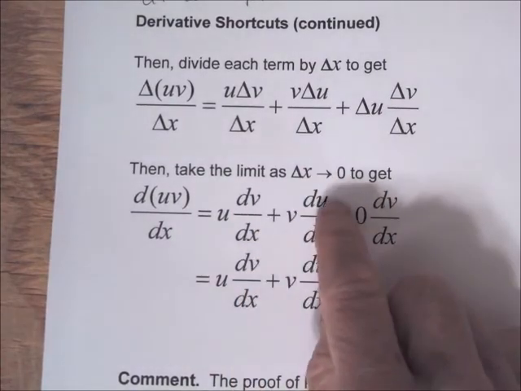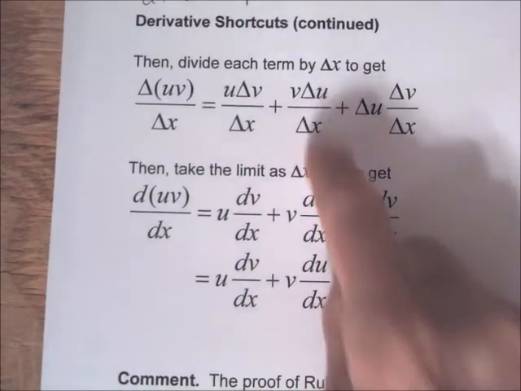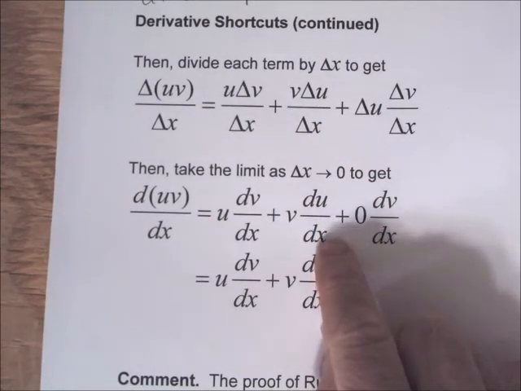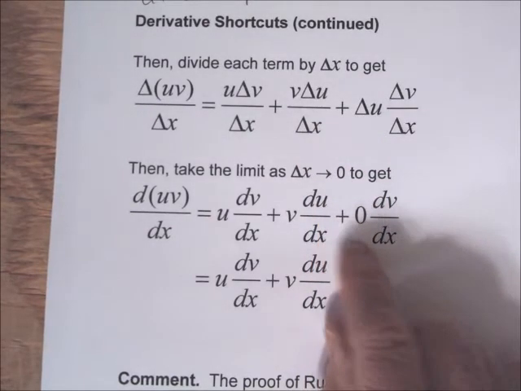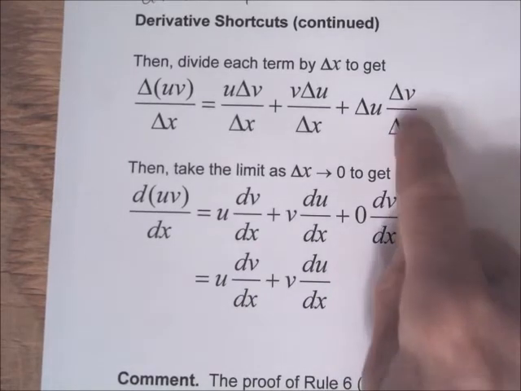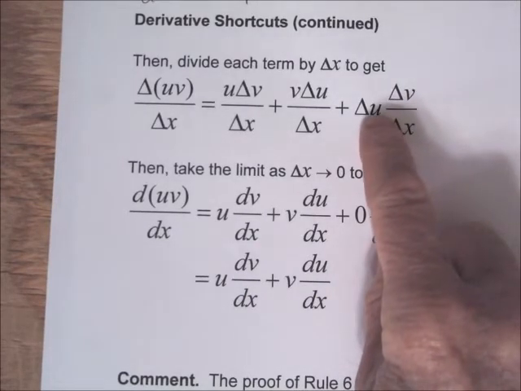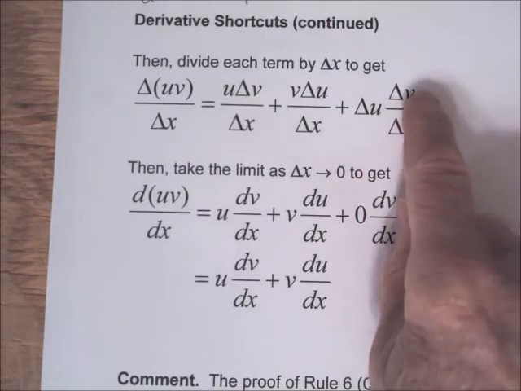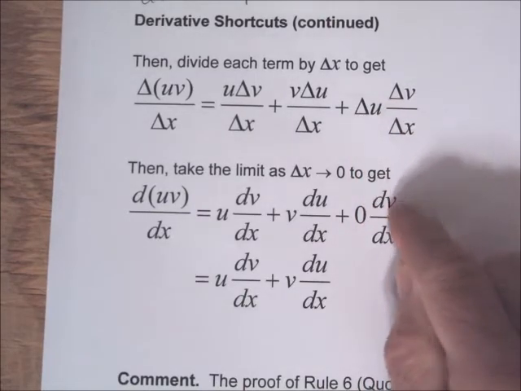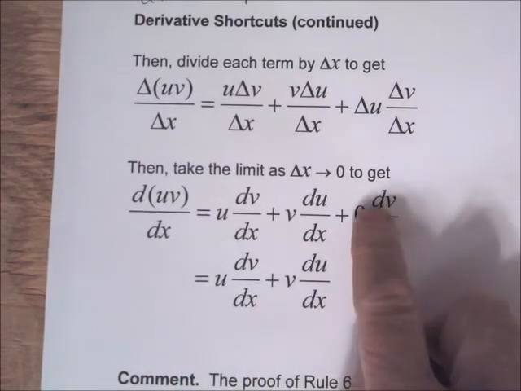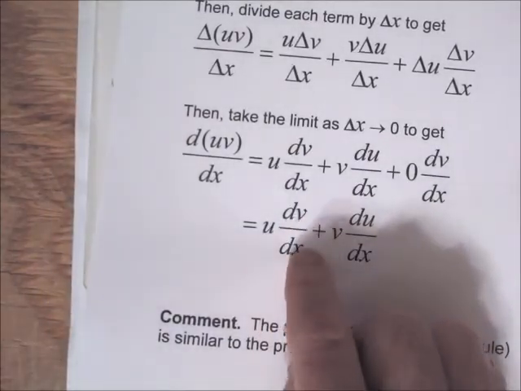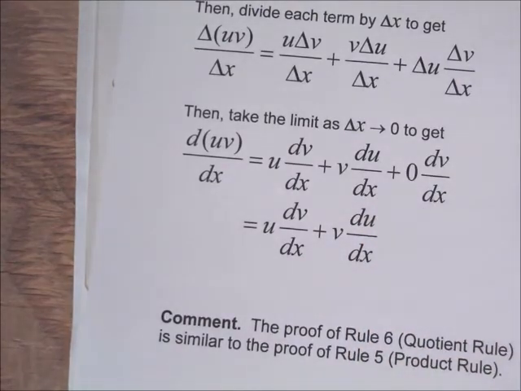The next term is v times the derivative of u with respect to x, and as delta x goes to 0, delta u is also going to go to 0. So you'll have 0 times dv/dx, and this term drops out, and you're left with u times dv/dx plus v times du/dx.